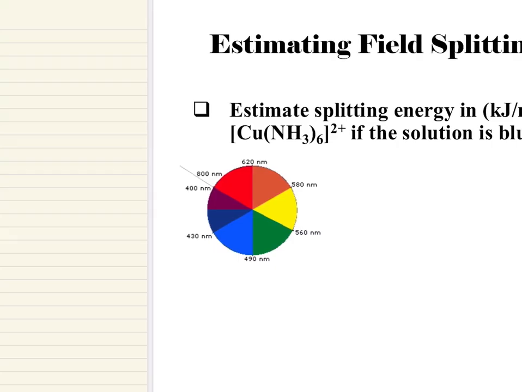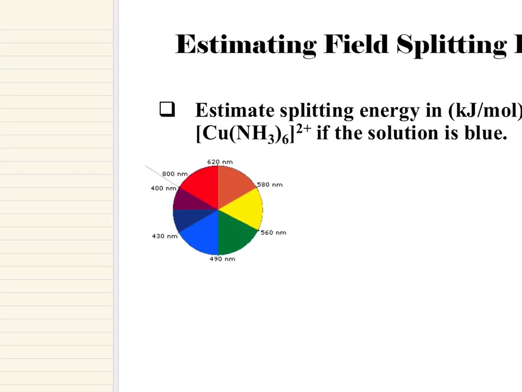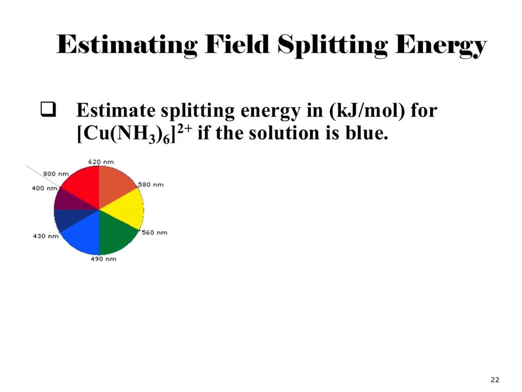So from this simple description of the d electrons, you can usually determine what the crystal field splitting energy is of these compounds or crystals just based off of the color of the solution, right? So if you have a compound and you're given the color of the solution, what that means is that that compound is absorbing almost all other wavelengths of light except the one you're seeing, right?